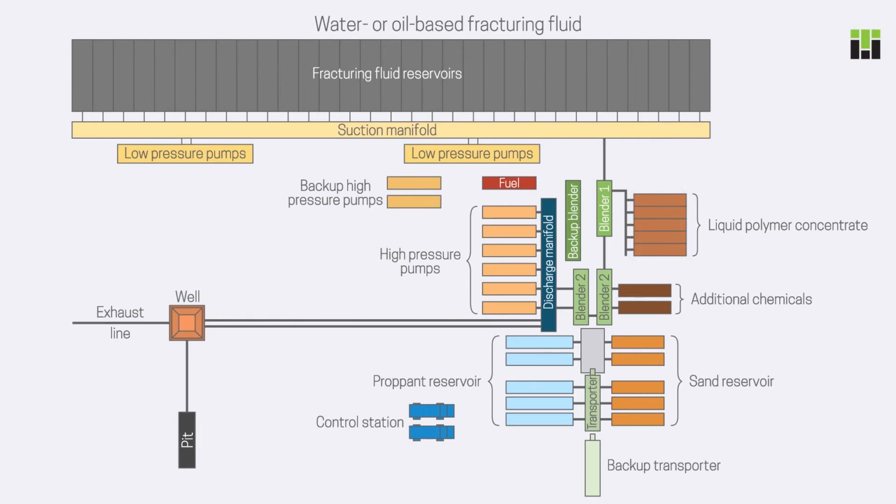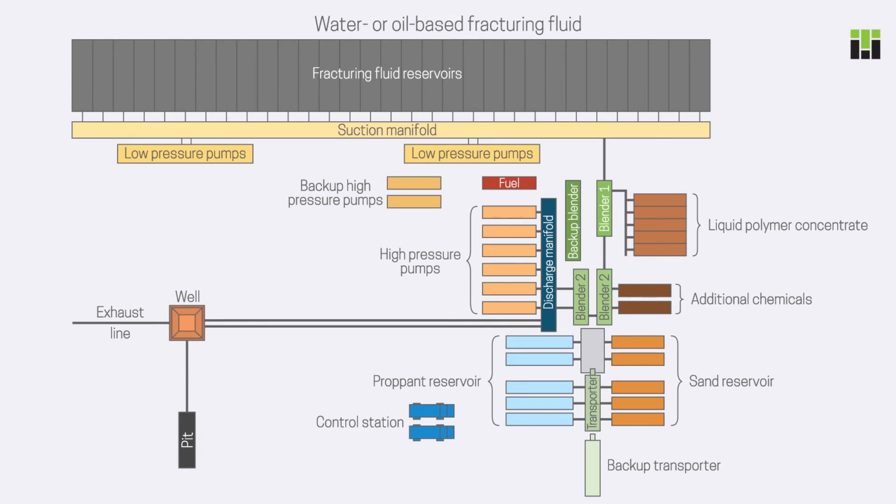The resulting gel goes to blender 2, where extra chemical agents are added, such as cross-linkers, spacers, thinning agents, etc. Quality control is performed here as we need to make sure that the technical fluid conforms with our requirements. Propellant is also added at blender 2, brought by a conveyor belt.